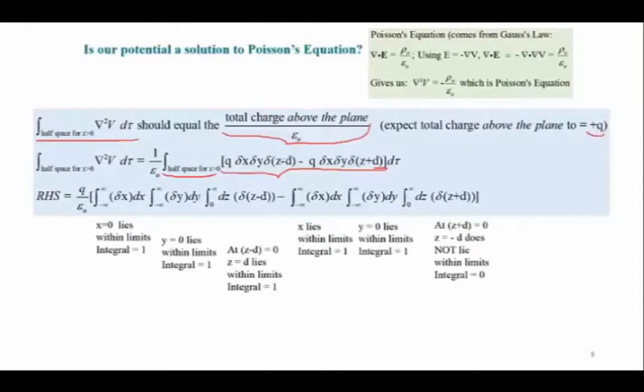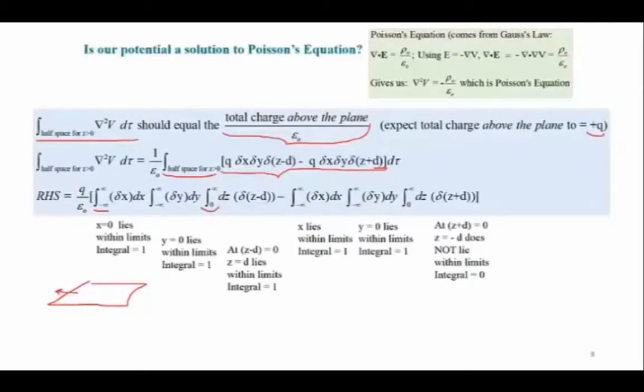So here we go. We take the integral over x, y, and z, where the x values go from minus infinity to plus infinity. Here's our plane, and we're going out in all directions. The y is the same, going plus and minus infinity. But we're only going from 0 to infinity for z.